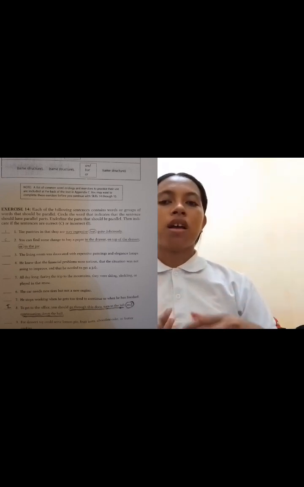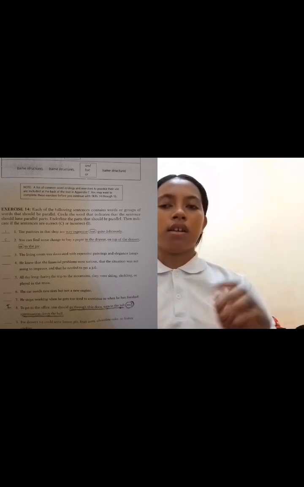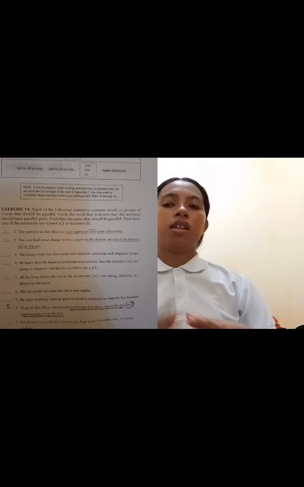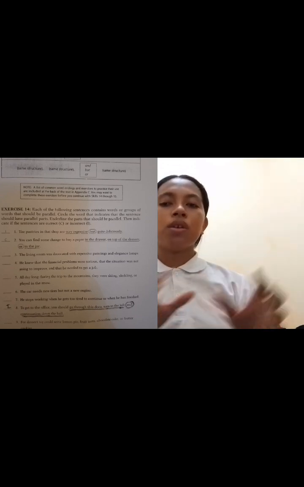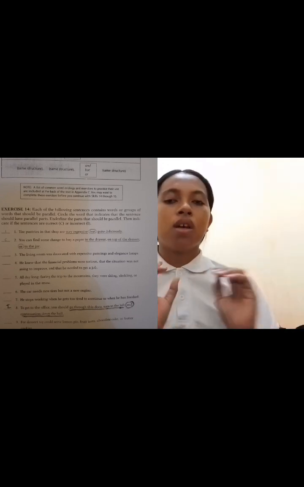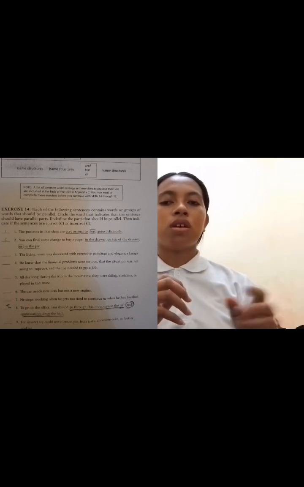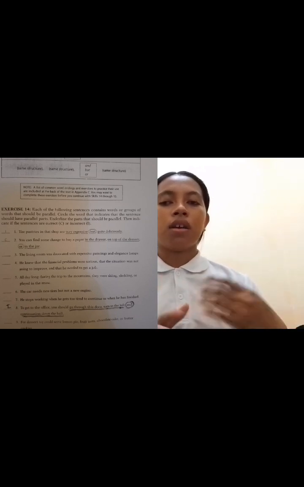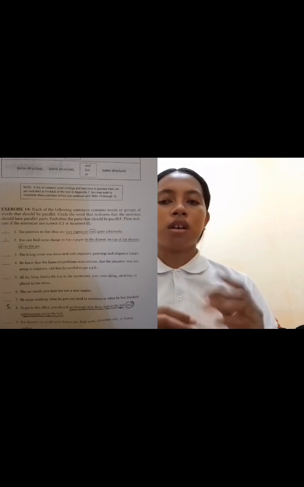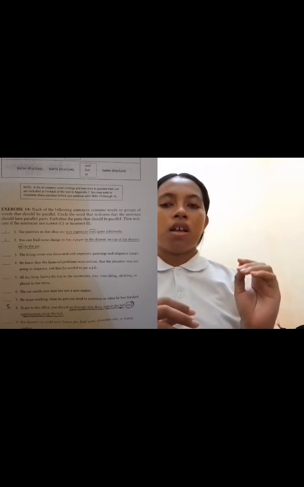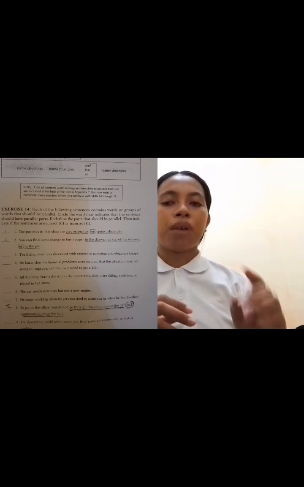Underline the parts that should be parallel, then indicate if the sentences are correct (C) or incorrect (E). Question number 8. To get to the office, you should go through the store, turn to the left, and continue down the hall. That should have parallel parts.